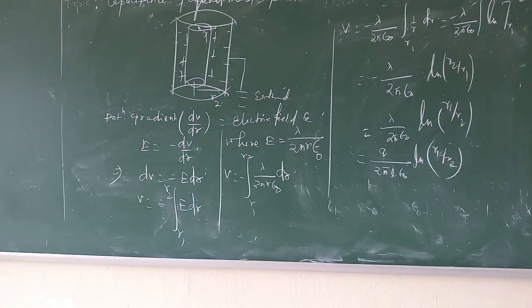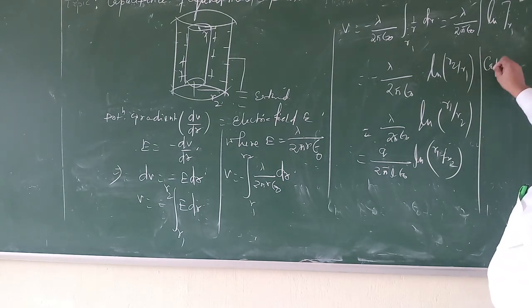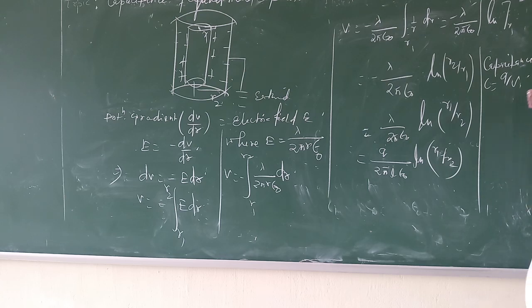So capacitance, use the formula C equal to Q by V. V value is Q by 2 pi L epsilon naught ln r1 by r2. So Q cancels.